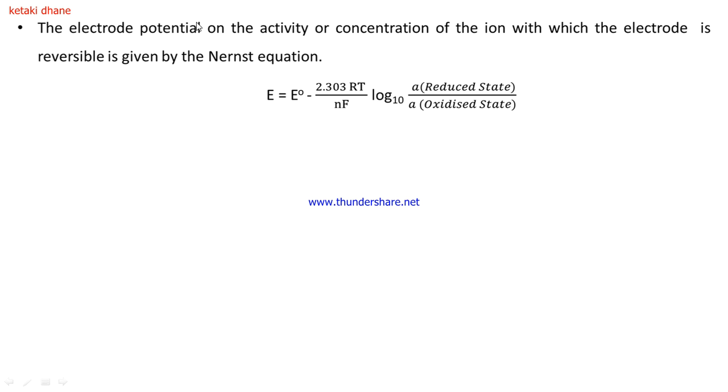The electrode potential, based on the activity or concentration of the ions with which the electrode is reversible, is given by the Nernst equation.